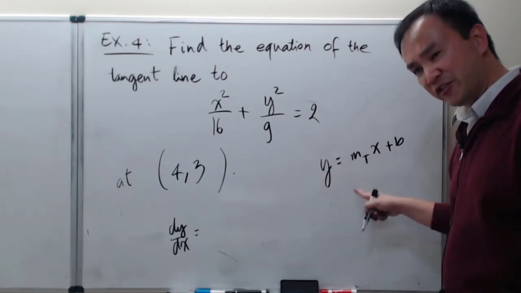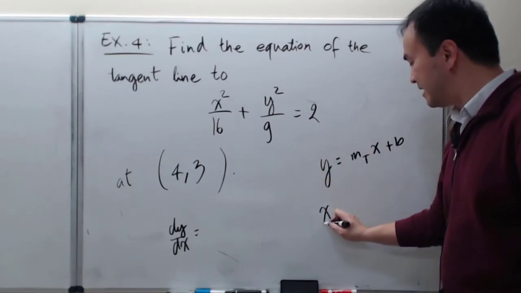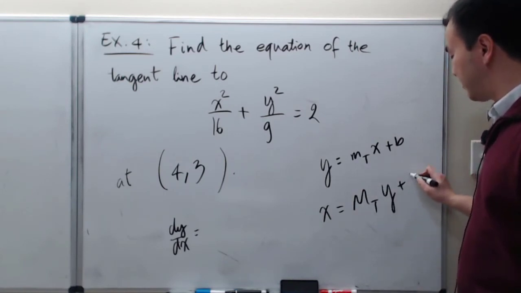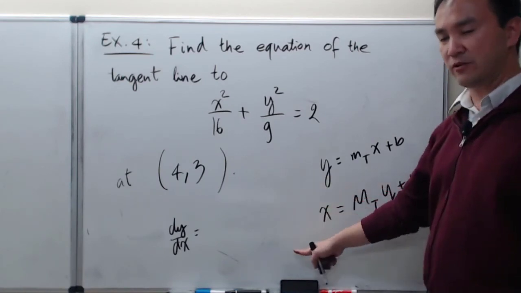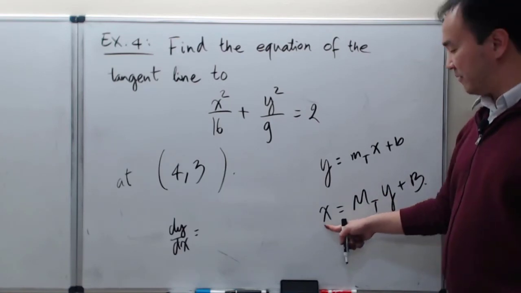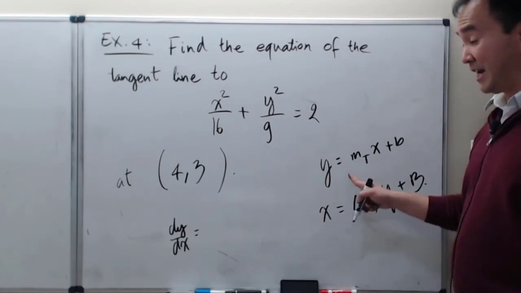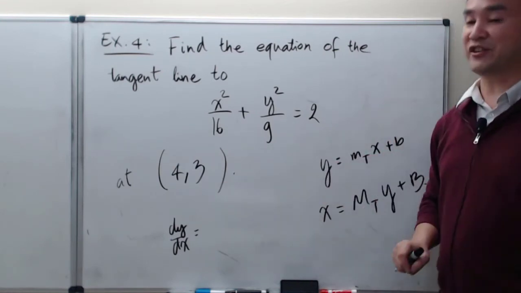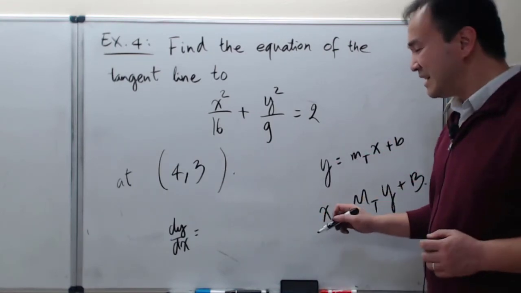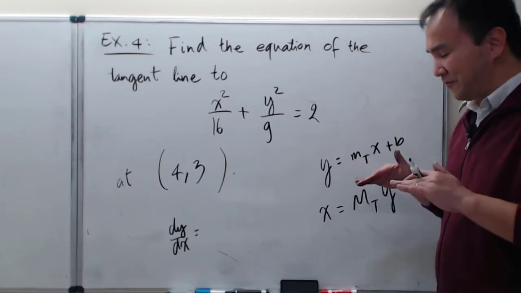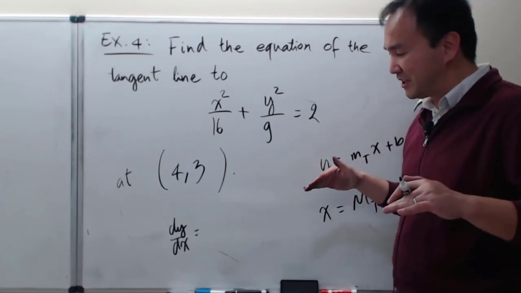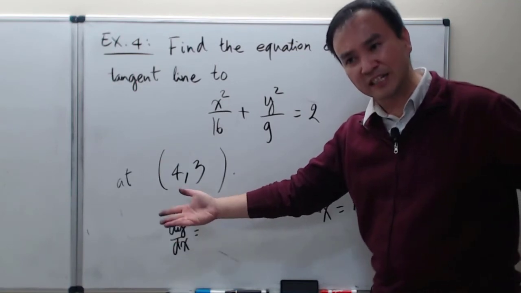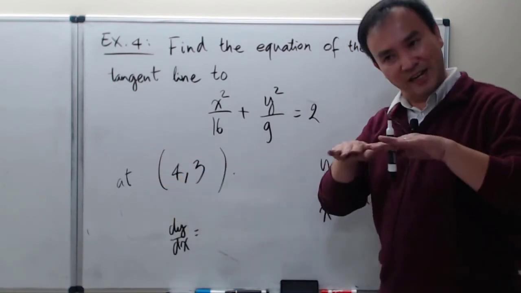The same tangent line can also be written as x equals a different slope, m_T y plus b. If you are attempting to write your equation in the form of x as a function of y, then you can start out by finding dx/dy. If you follow closely, you might ask why it has to be dy/dx when we can also find dx/dy.